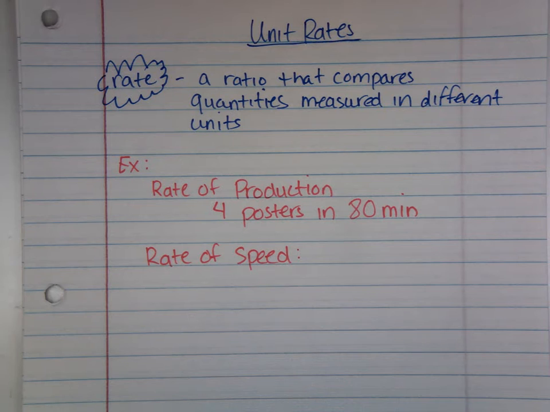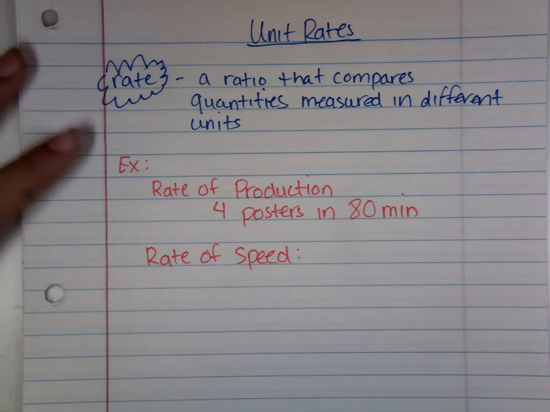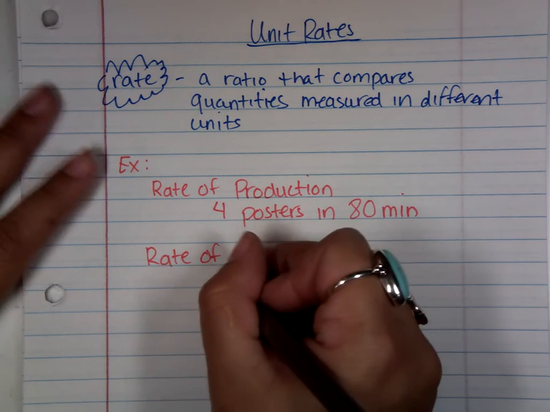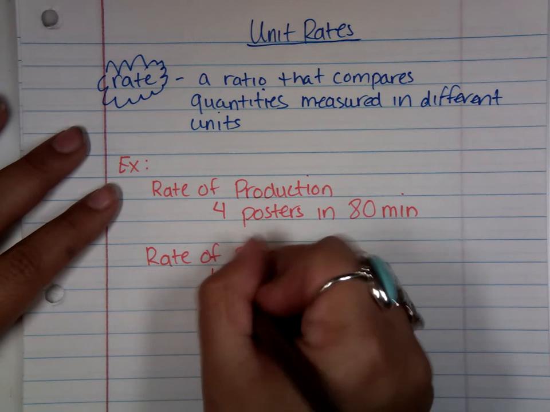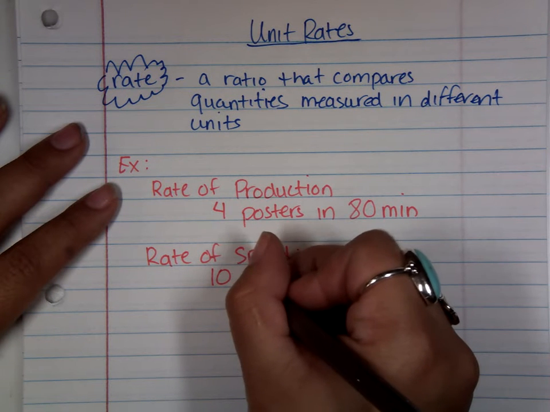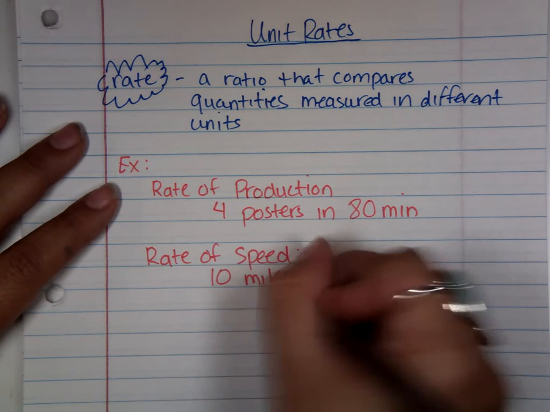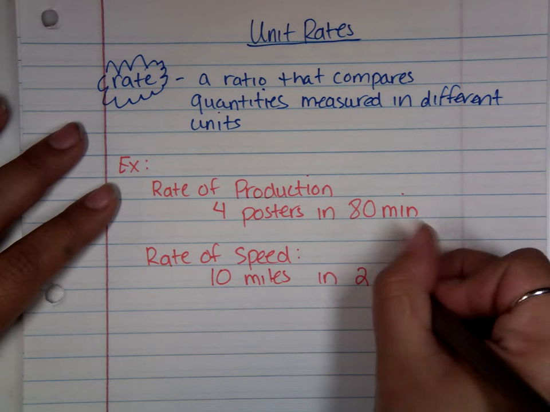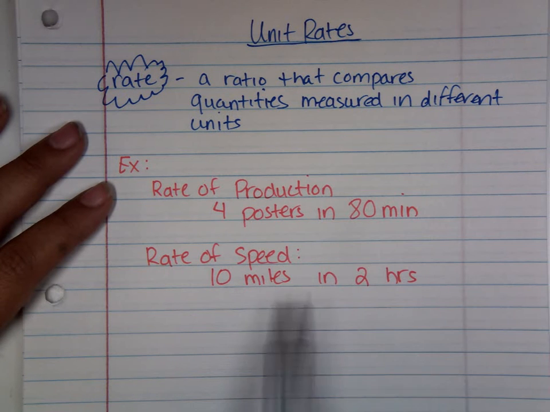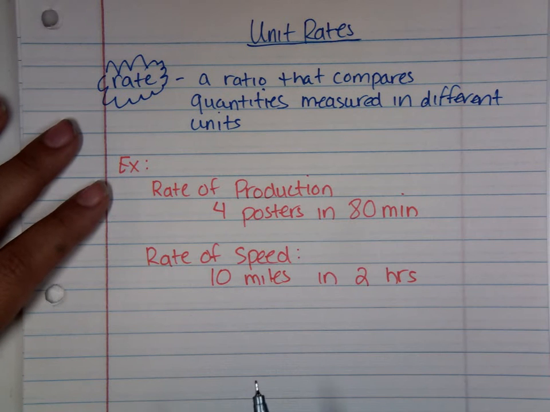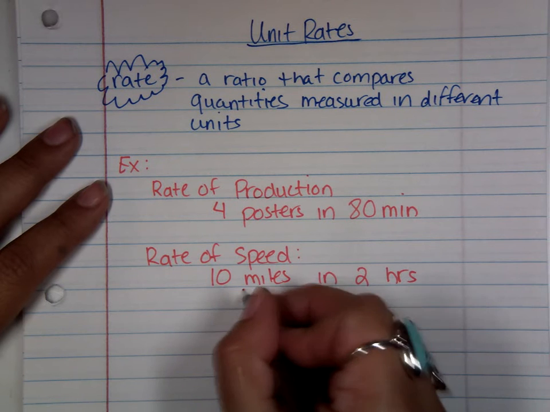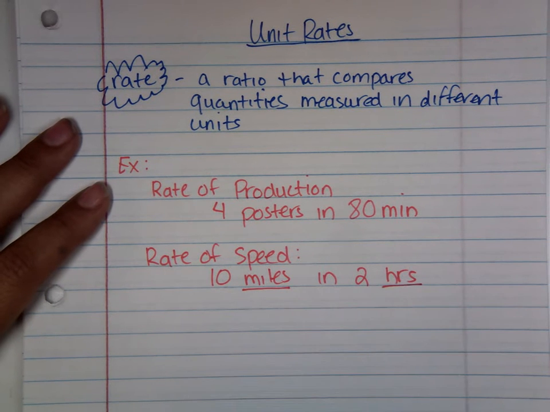Can you hear that rate in there? What 2 units am I using? Okay, you're right. I'm using miles and hours. What about 10 miles? If you're riding a bike, let's say that you go 10 miles in 2 hours. What are the 2 units that we're comparing here? You're right, miles and hours.